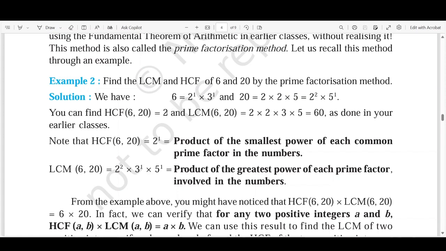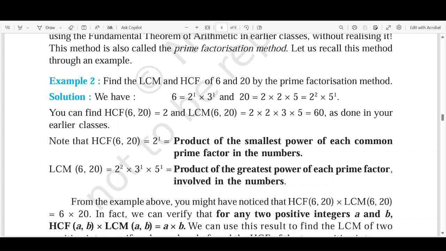So we have to include that. Among the common terms for 6 and 20, the common term is only 2. Among the powers of the value 2, here we have 1 and 2, the least one is 1. So thus we have included only the least power of each common prime factor in the two numbers.